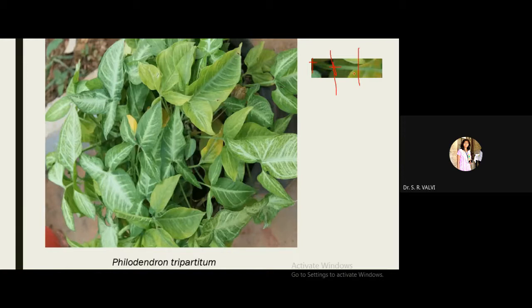Then I placed the petioles into three different solutions. The first petiole I placed in normal water. The second, with the plus cut, I placed in 0.4 molar sugar solution, and the third in 0.4 molar NaCl solution. So what will be the result?